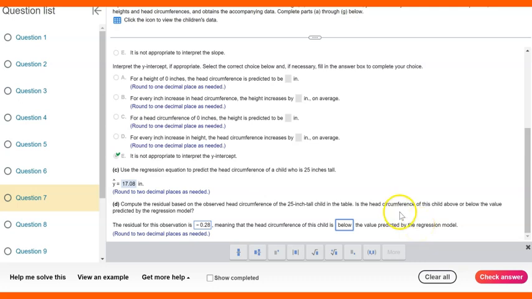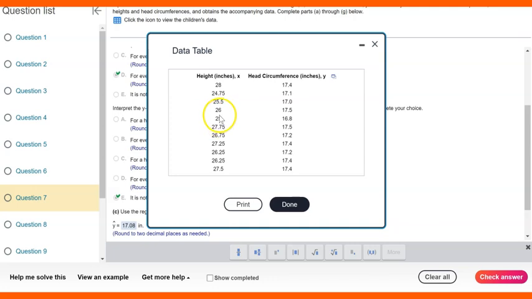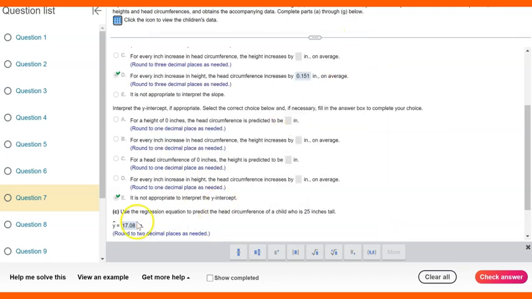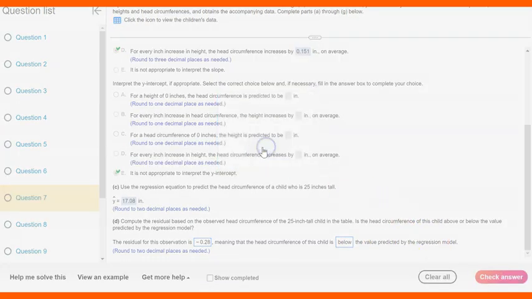Of course, you can see that at 25 height, your circumference is going to be 16.8, which is below the predicted value given by the model. Therefore, it is below the value predicted by the regression model. Okay, check your answer. You're getting good.